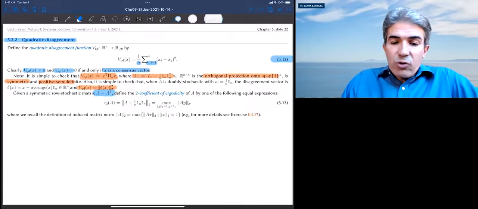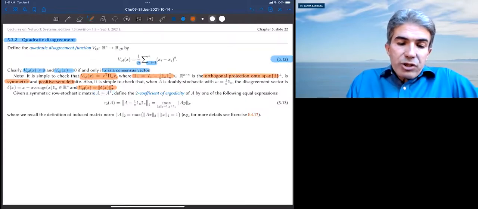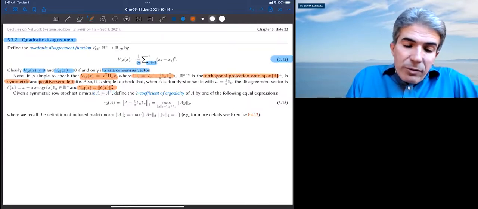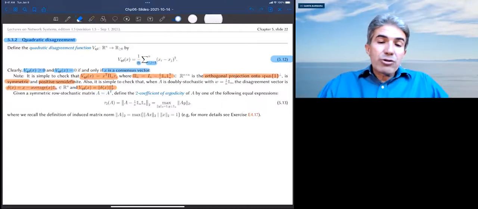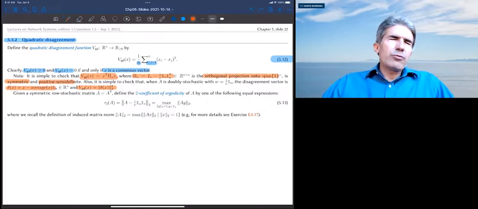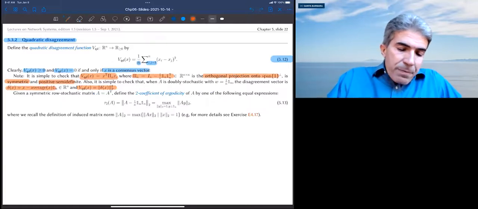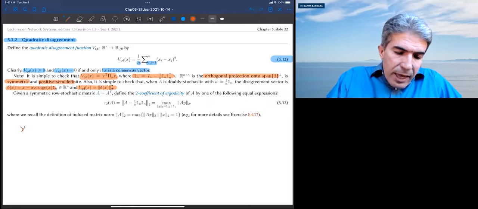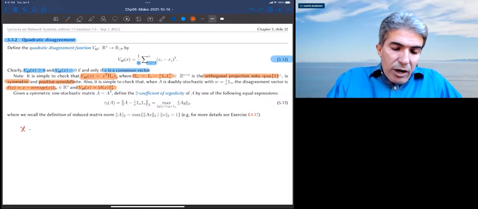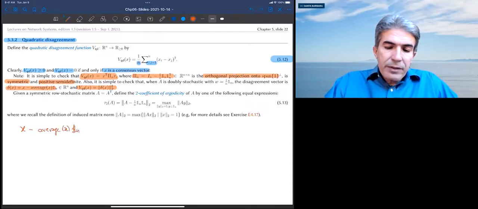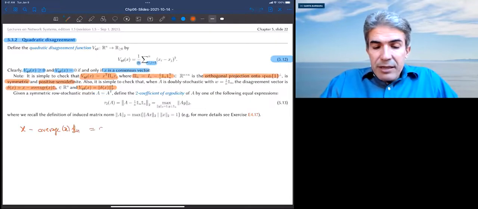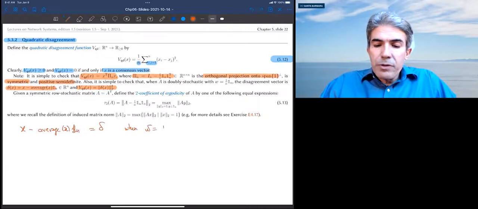This time it is squared, but now my disagreement vector is not using an arbitrary vector w, or well, the left dominant eigenvector w, it's using 1n. So here I'm writing x minus the average of all entries of x times 1n. And this is the same delta as before when w is equal to 1 over n 1n.